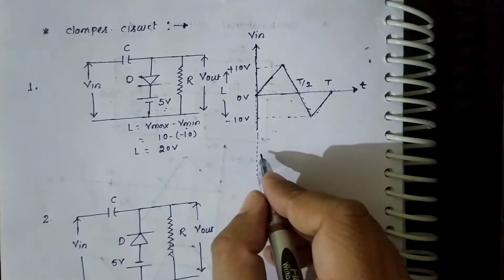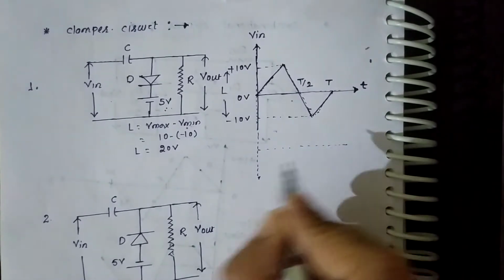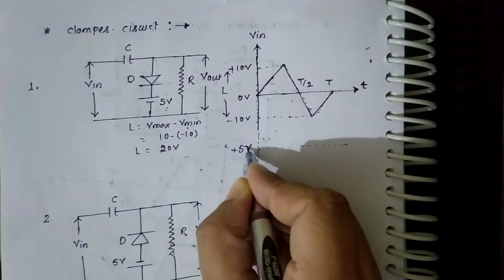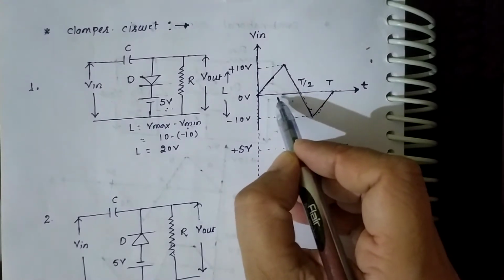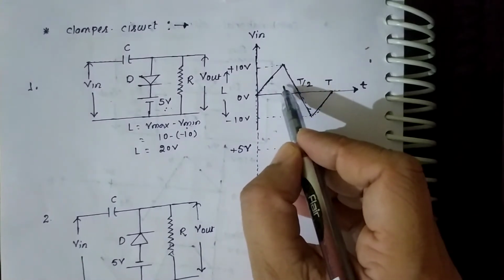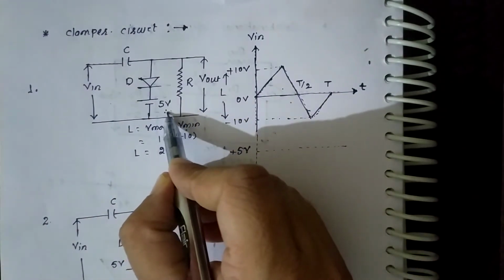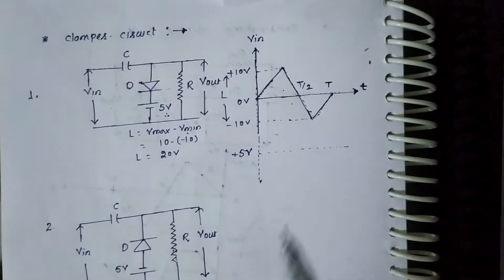So this is plus 5 volt. Now your entire input is either shifted up or shifted down with respect to this battery potential, 5 volt.